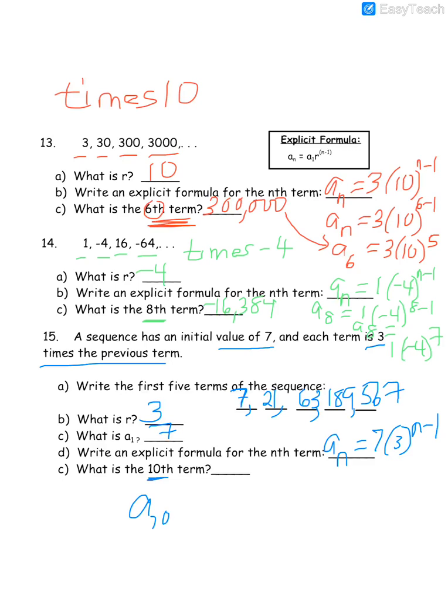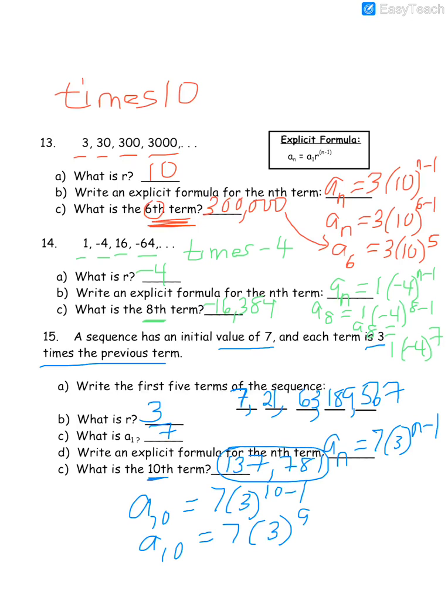So a sub 10 equals 7 times 3 to the 10 minus 1. a sub 10 equals 7 times 3 to the 9th power. So I have 137,781, is what I got.